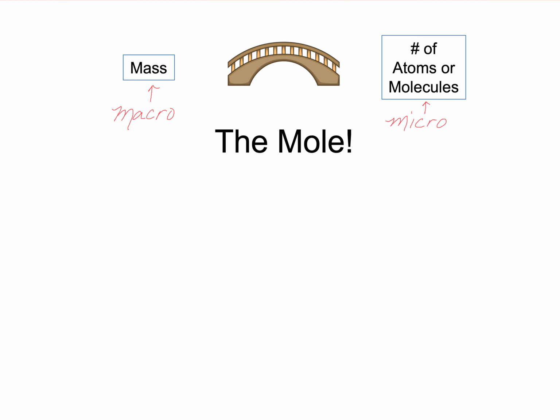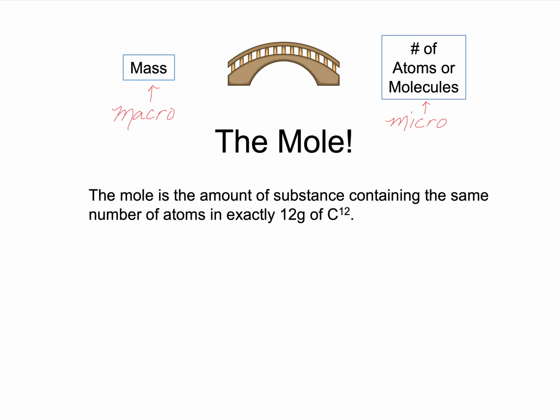And the mole is essentially a specific value of some item, and that item can be anything you want. That specific value is based off of a concept of the isotope carbon-12.